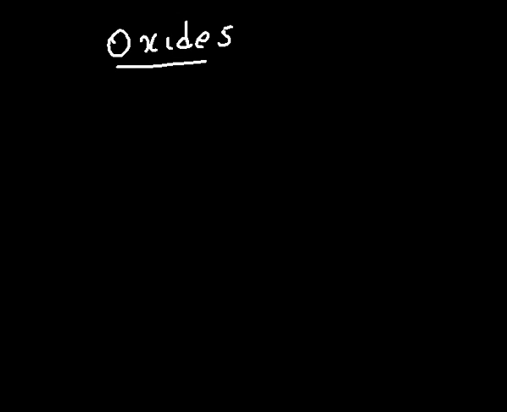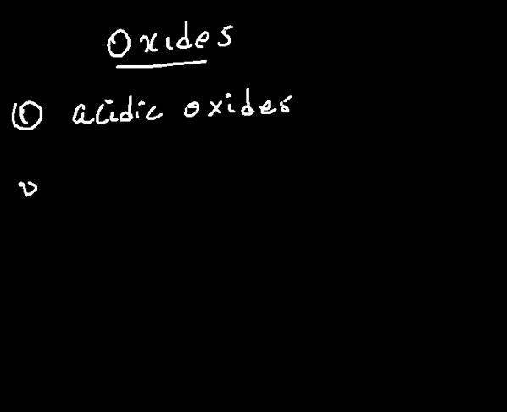And now we have types of oxides. We have what we call acidic oxides, and we also have what we call basic oxides.